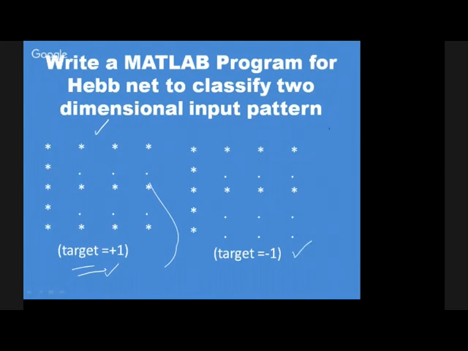There are two classifications, C1 and C2. C1 is for E and C2 is for F. We get C1 if the target is equal to 1, and C2 if the target is equal to minus 1.